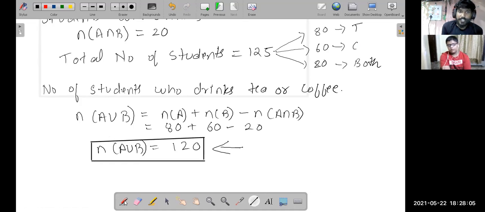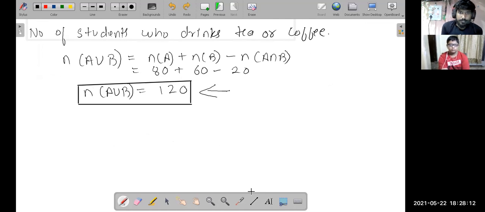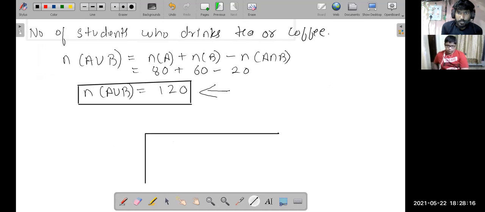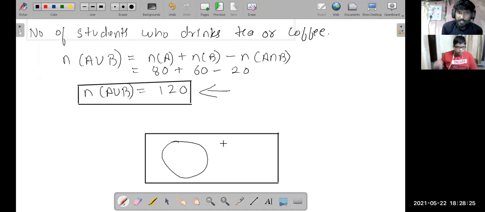So if you look at the Venn diagram, look at it in terms of the Venn diagram. This is A, this is B. A is 80, B is 60, this is 20.